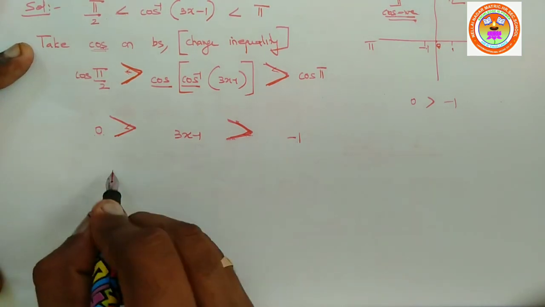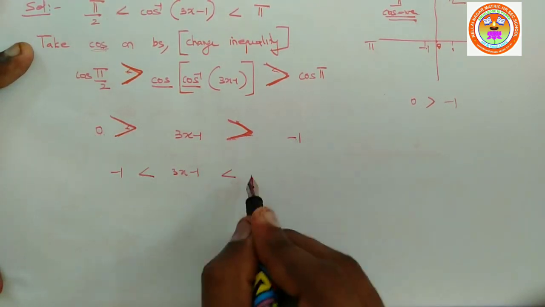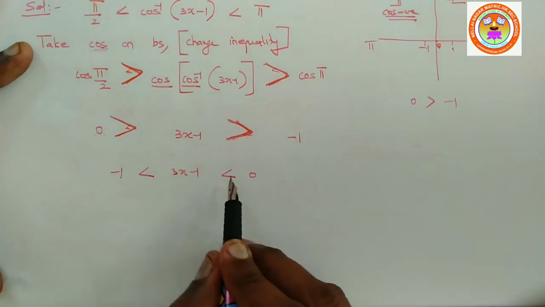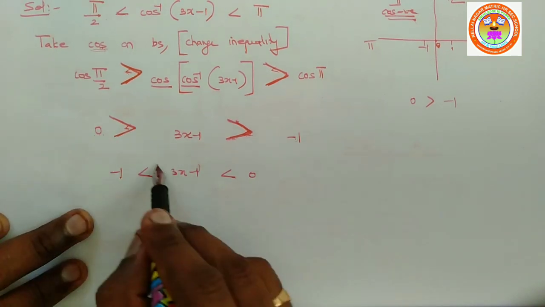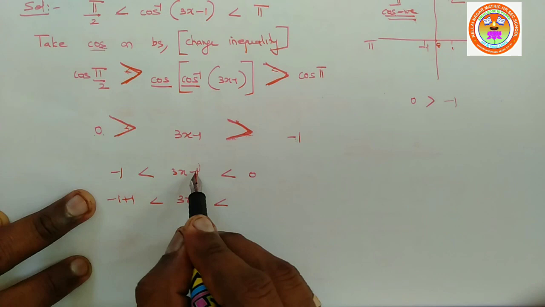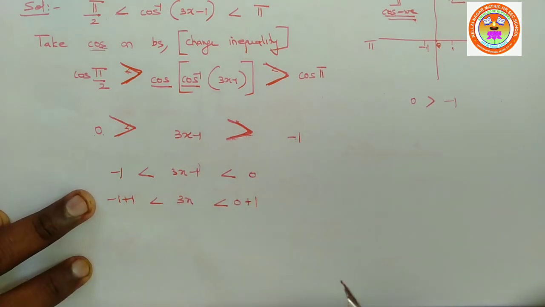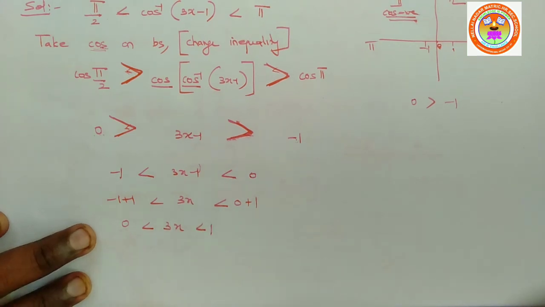How? First put minus 1, change the symbol: 3x minus 1 less than 0. So minus 1 is less than 0. This minus 1 comes to this side and becomes plus 1. Minus 1 plus 1 is 0. So 0 less than 3x less than 1.